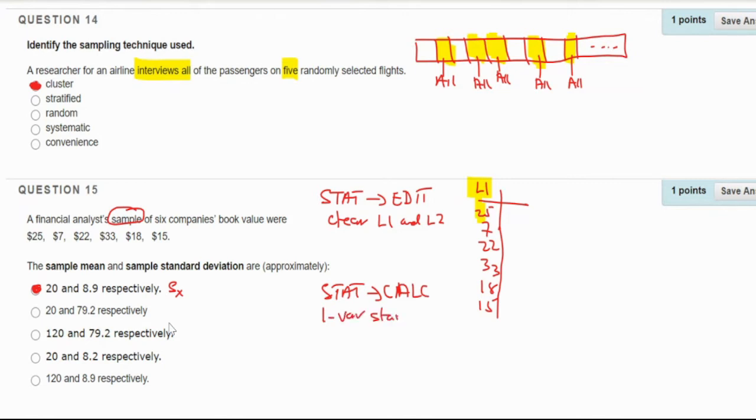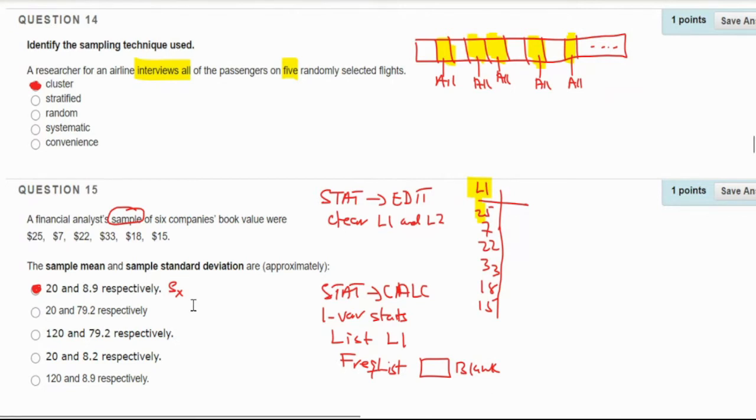When you select 1-Var Stats, just the list, put in L1 where you have the freq list. Clear what is there. This side should be blank. You're only using L1, that's all.